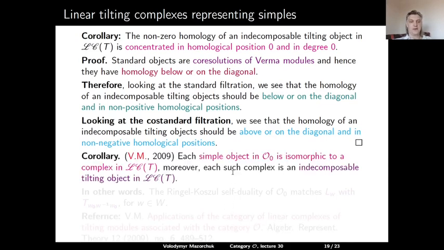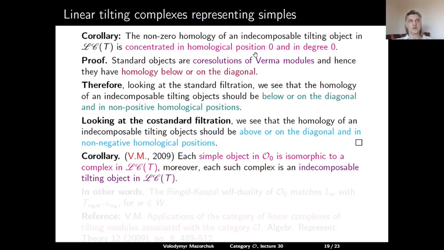This has the following consequence. Each simple object in O0 is isomorphic to a complex in the category of linear complexes of tilting modules. Moreover, each such complex is an indecomposable tilting object in this category.